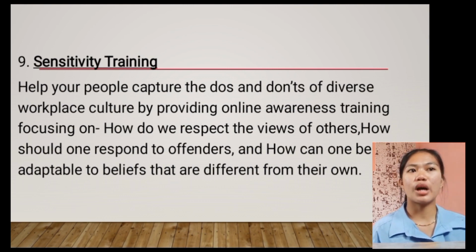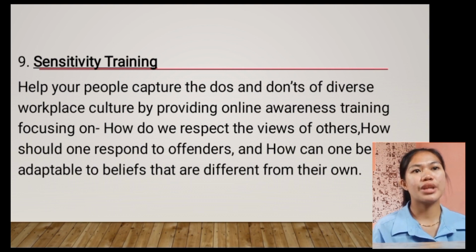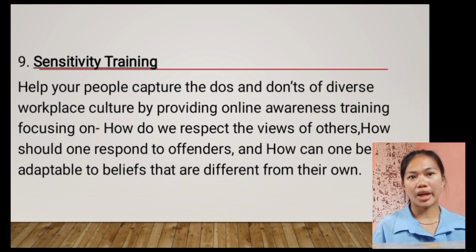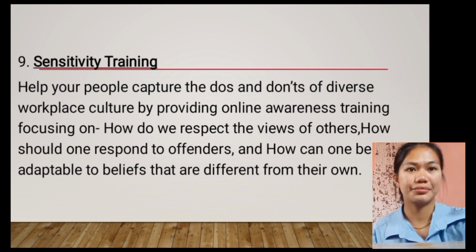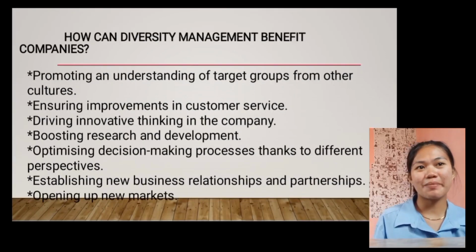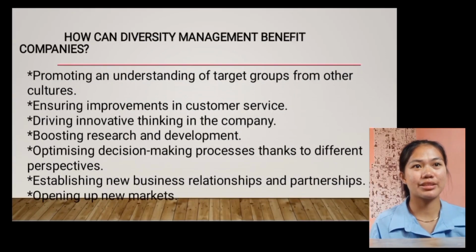Help your people capture the do's and don'ts of diverse workplace culture by providing online awareness training, focusing on how to respect the views of others, how one should respond to offenders, and how one can be adaptable to beliefs that are different from their own. So, how can diversity management benefit companies?